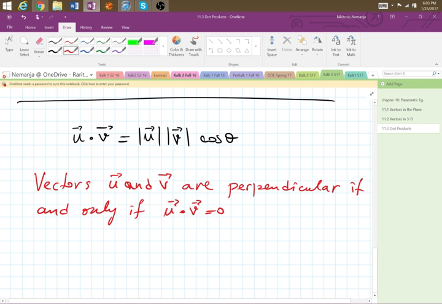Perpendicular is kind of a 2D word, reserved for 2D space. So orthogonal is just 90 degrees? Yes, that's the word for n-dimensional space. Orthogonal means 90 degrees. So orthogonal or perpendicular.